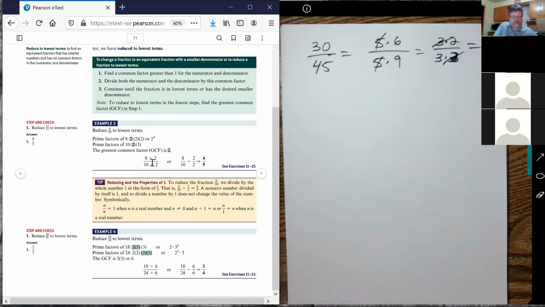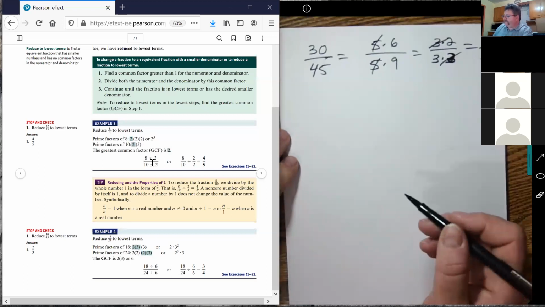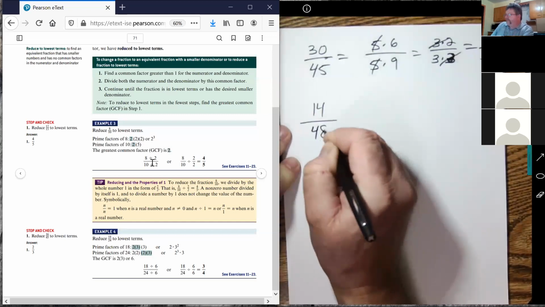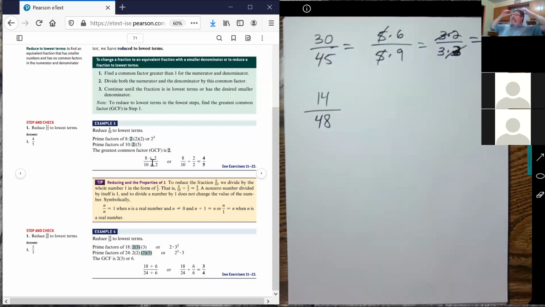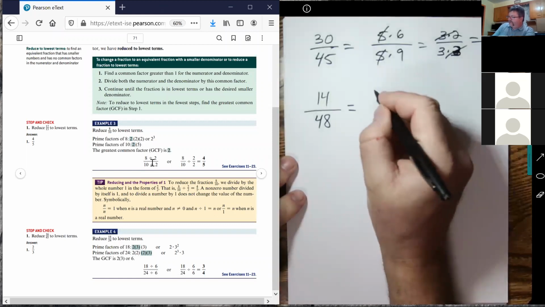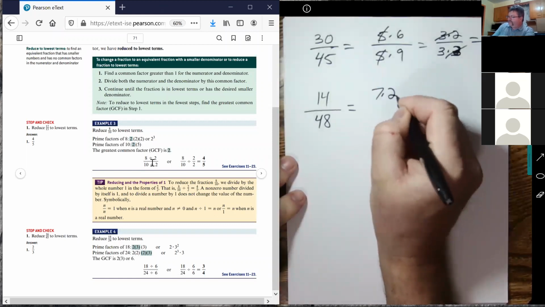Absolutely. Let me just think of something here. What can we do? Oh, whatever. Let's do 14 over 48. I'm just making that up. What's common? Well, what can I factor? Just start breaking stuff apart. 14 is 7 times 2.